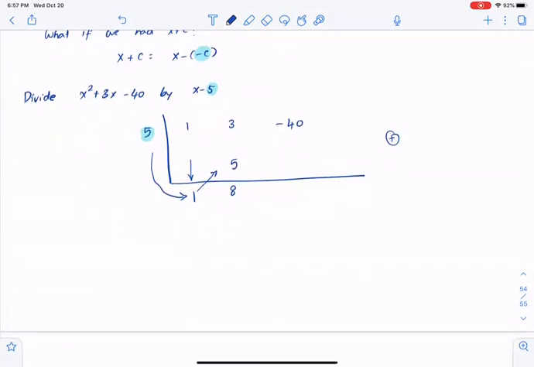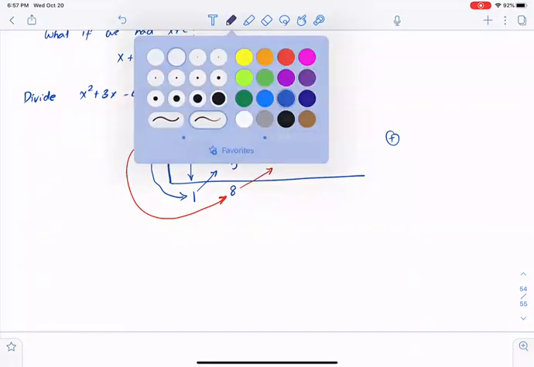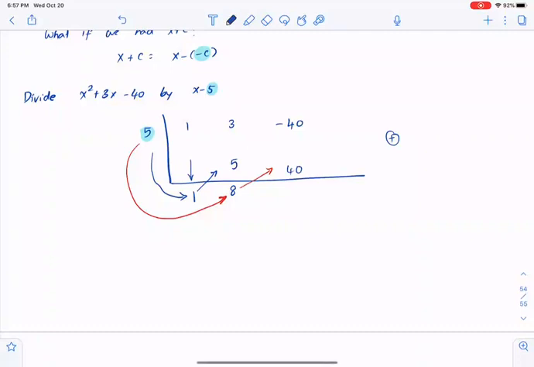Now I am going to take the 5 and multiply with 8. Whatever answer I get, I'm going to put it in there. So 5 times 8 is 40.